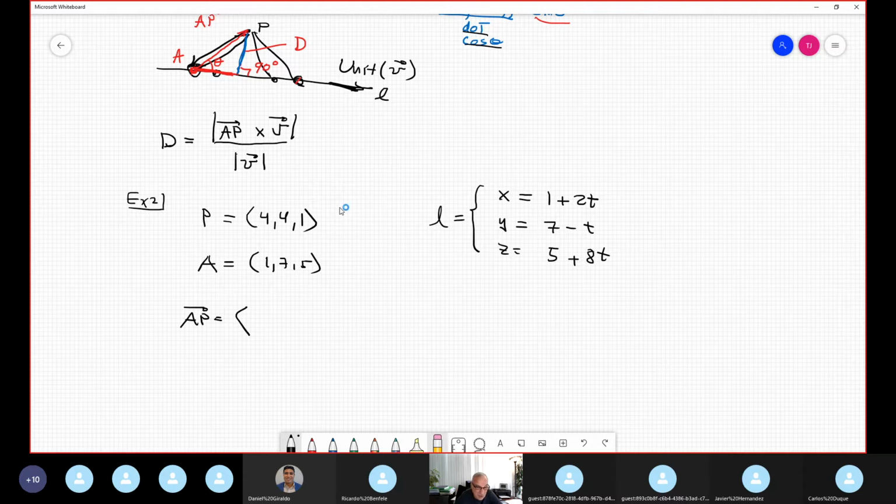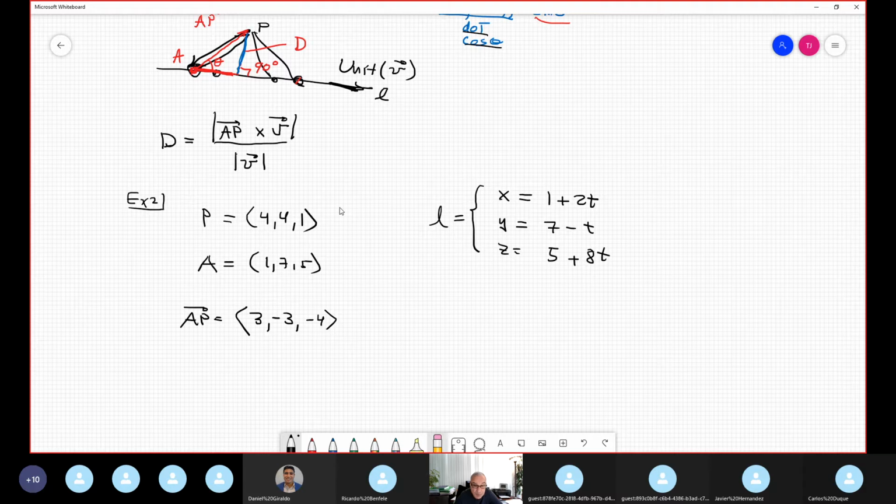So basically, you're subtracting: 4 minus 1 is 3, 4 minus 7 is negative 3, and 1 minus 5 is negative 4. Suppose you are doing the opposite direction, so it is PA. Then the sign is completely different, but this doesn't change our final answer.